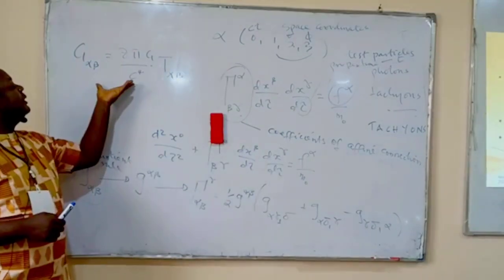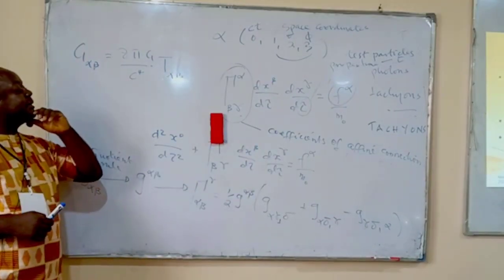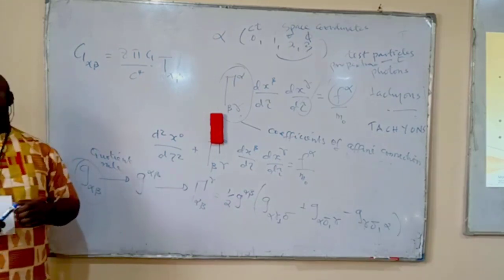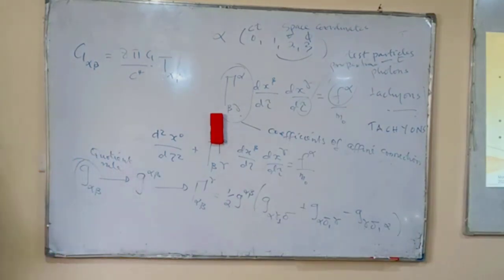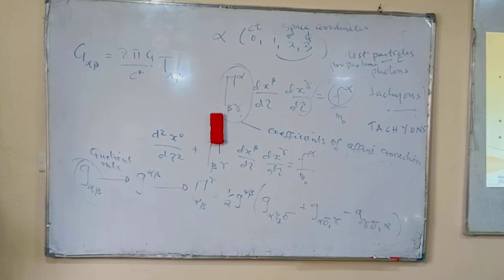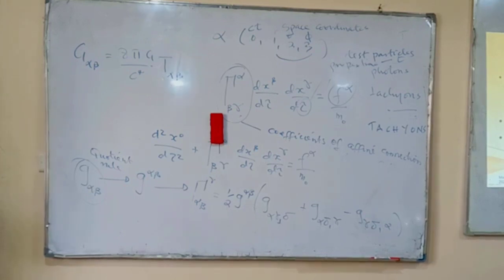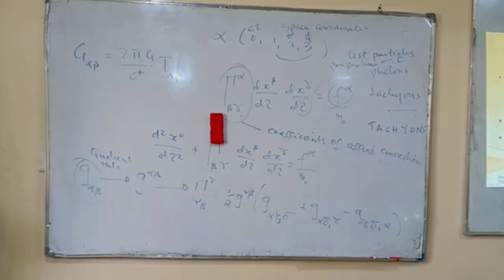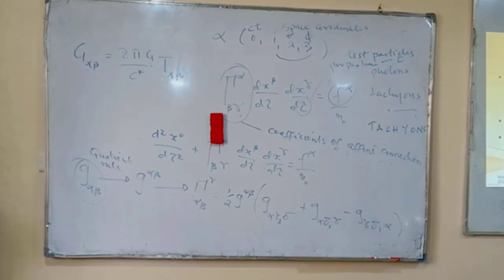So this is how the field equations look like. How many field equations do we expect? There are 16.